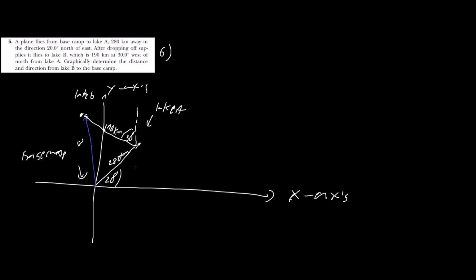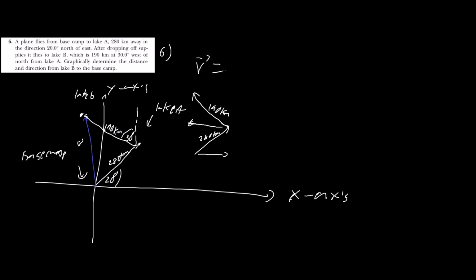So let's draw this vector, 280 kilometers, and look at the horizontal component. It's 20 degrees of 280 kilometers, and then it travels some distance here. So we're going to take the difference between those two components.